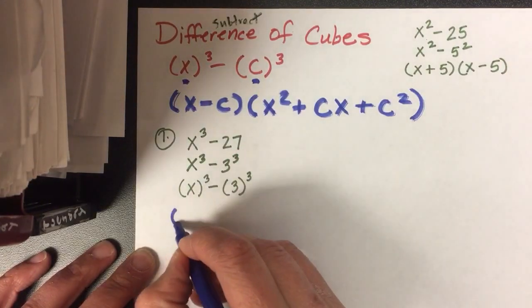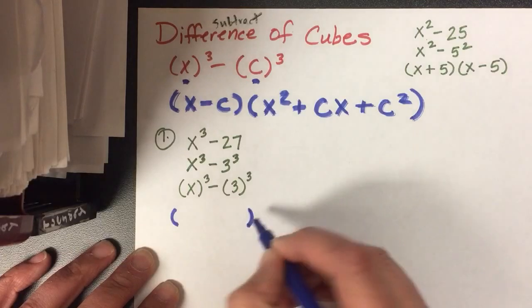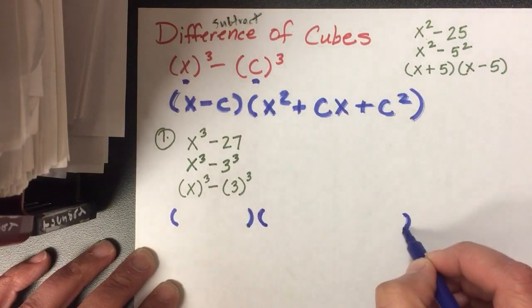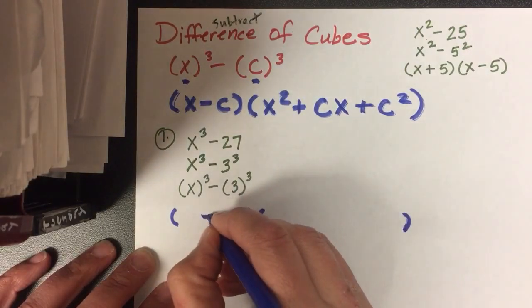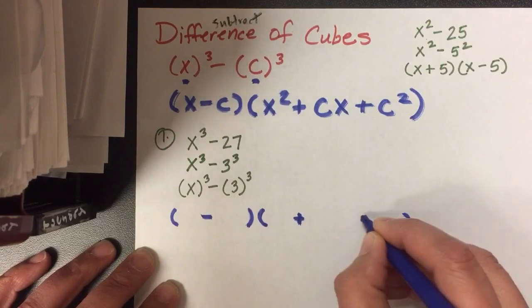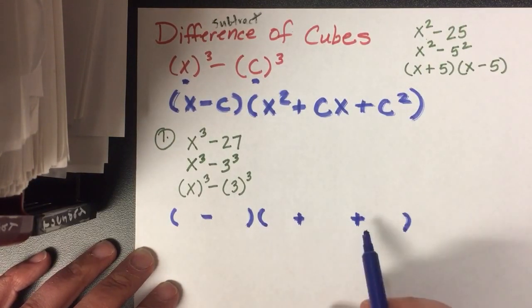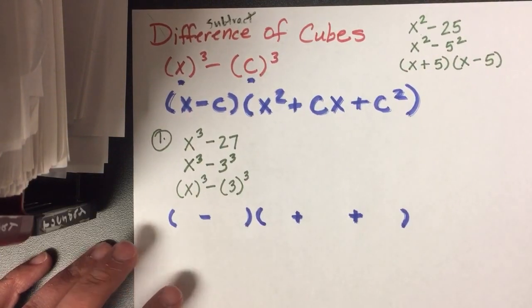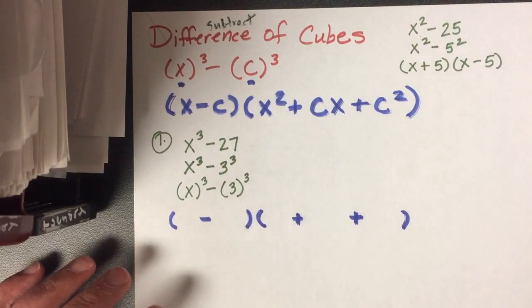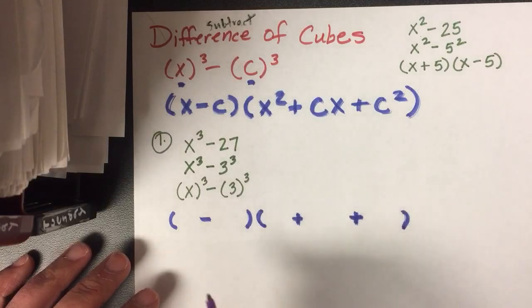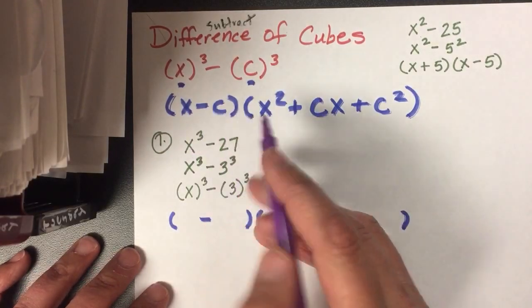So when I look at this, I always write out the two factors and I put the operation signs in there. That usually helps me because then I can just substitute. My two bases, up here, are x and c.